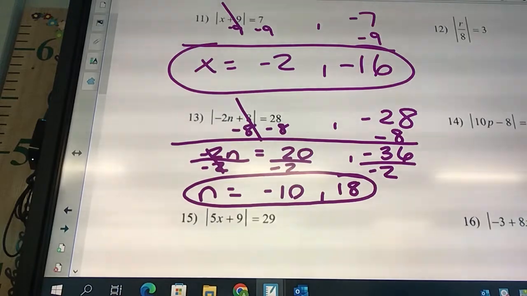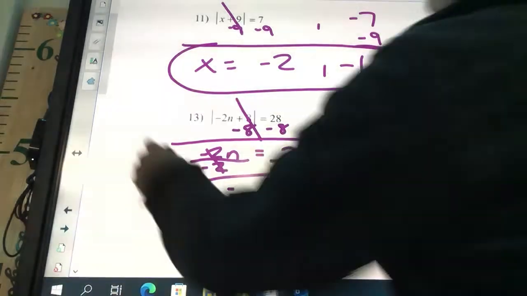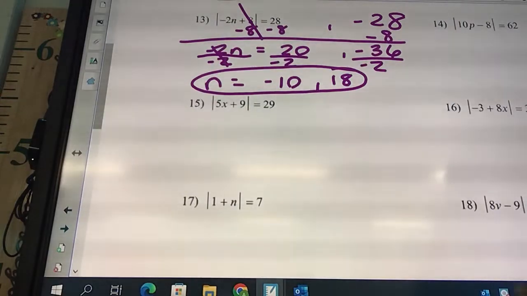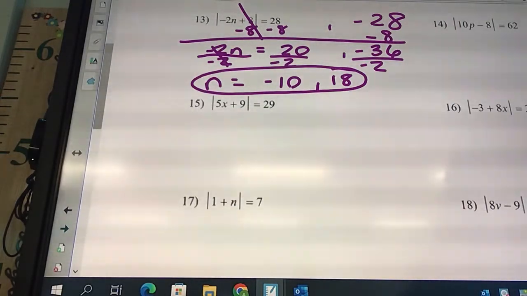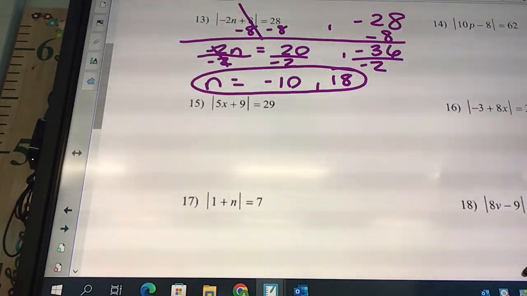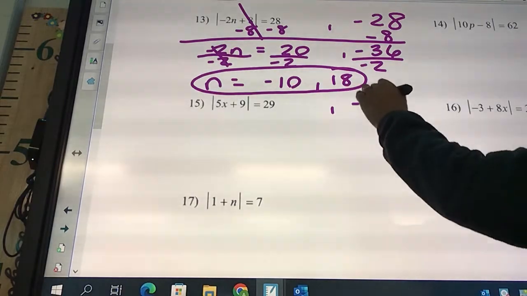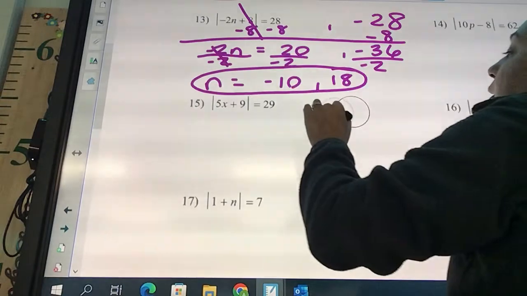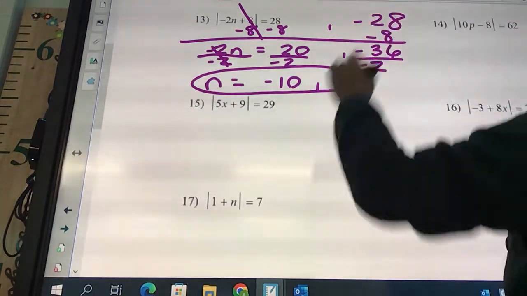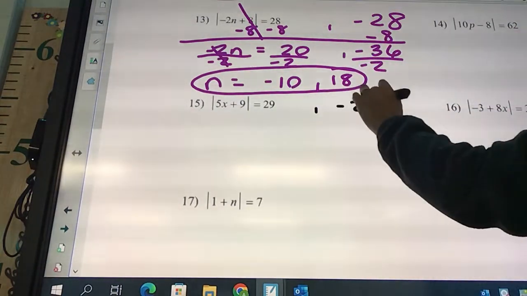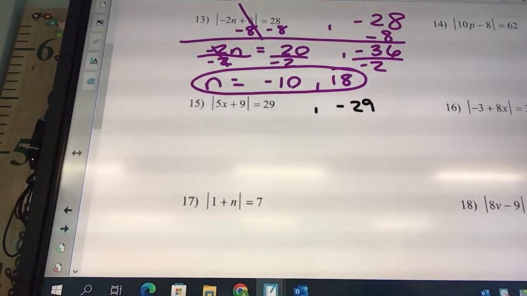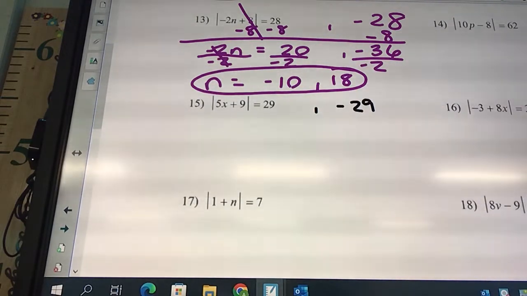Okay, 15. Our first step is to do what? Comma, negative 29. Then what? What's the piece that has no letter? The 9. So we're going to move the 9 first. How do I move a plus 9?